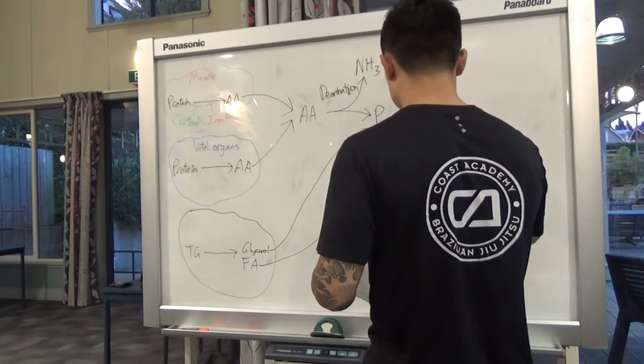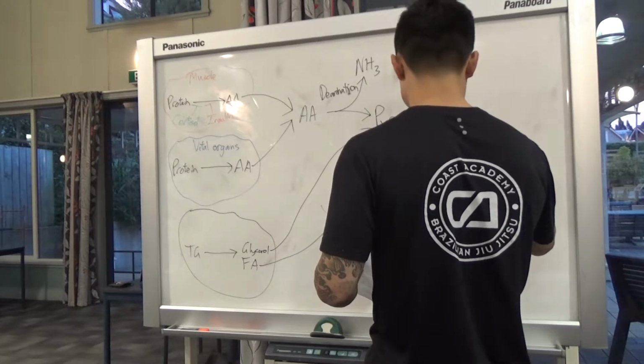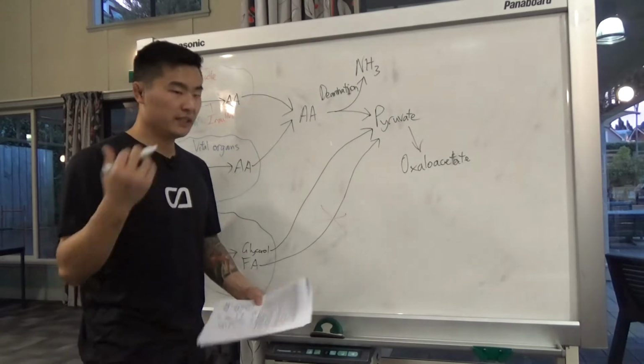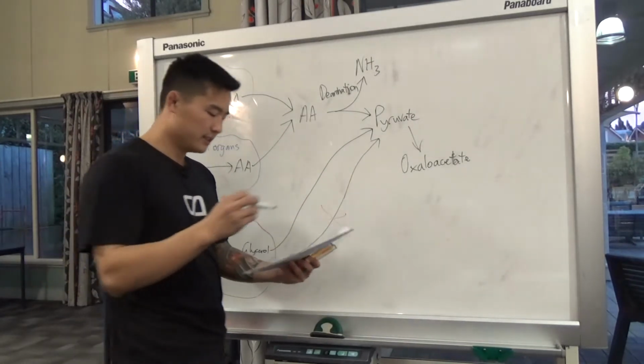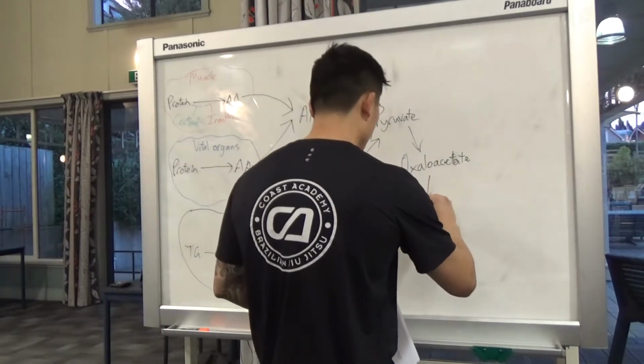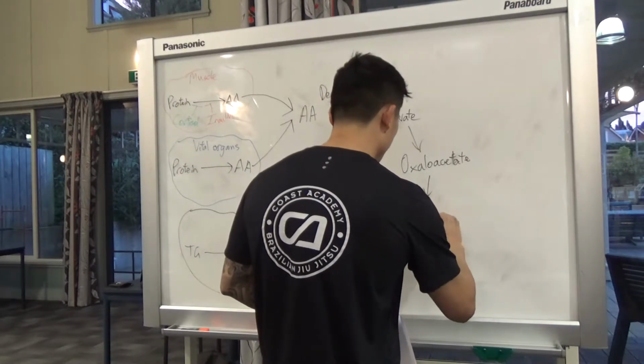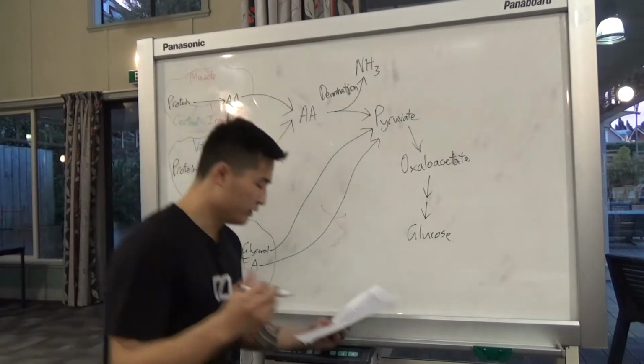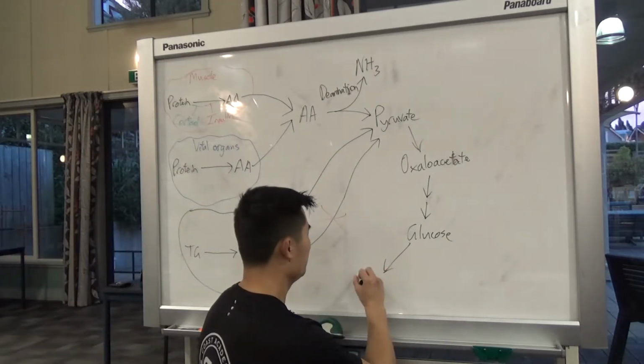So pyruvate, in order to make glucose, has to be turned into oxaloacetate first, and then it will go through the steps to create glucose. The glucose will go to the brain.